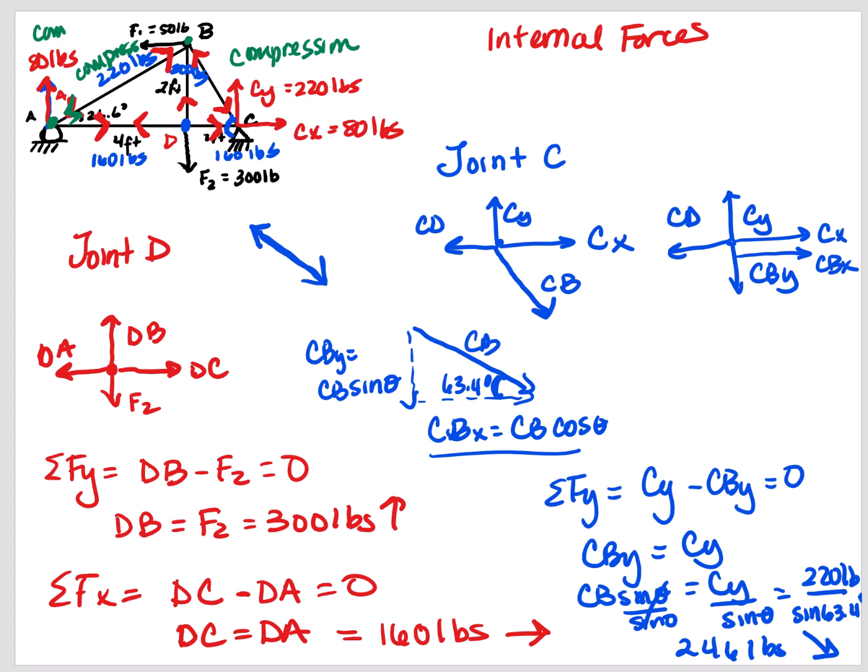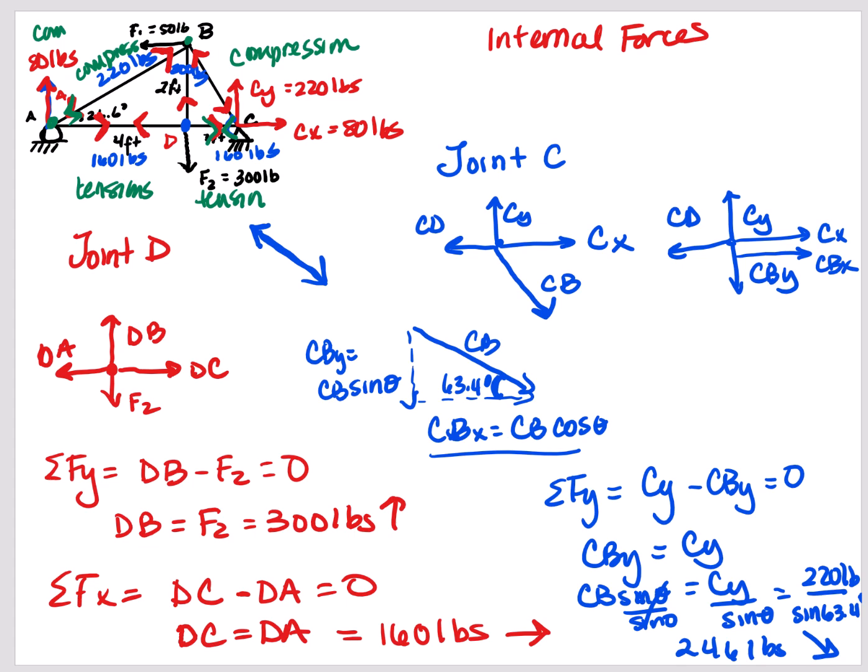AD is going to be in tension, it's going away. The arrows are going away, so the forces are being pulled away. If I look at DC, again, the arrows are going away, so this is also in tension.